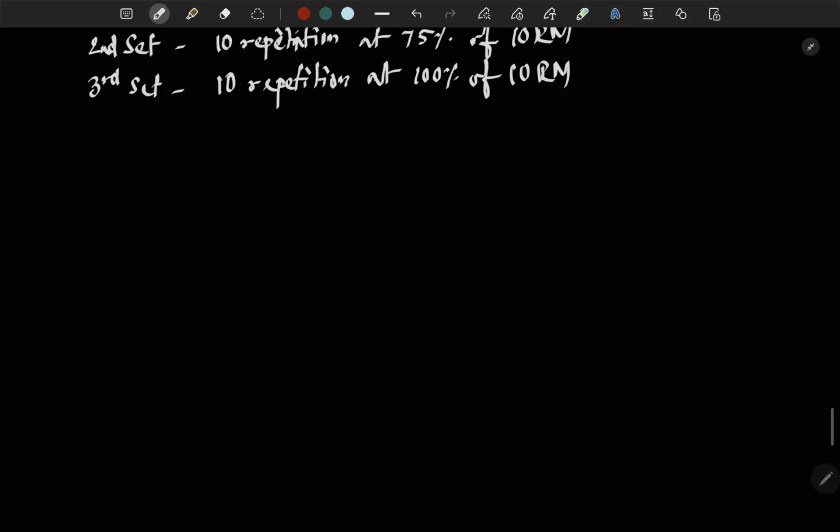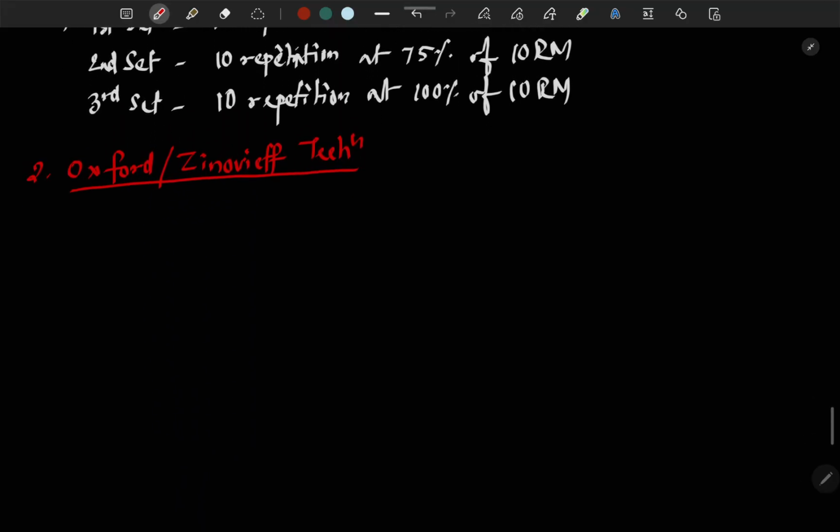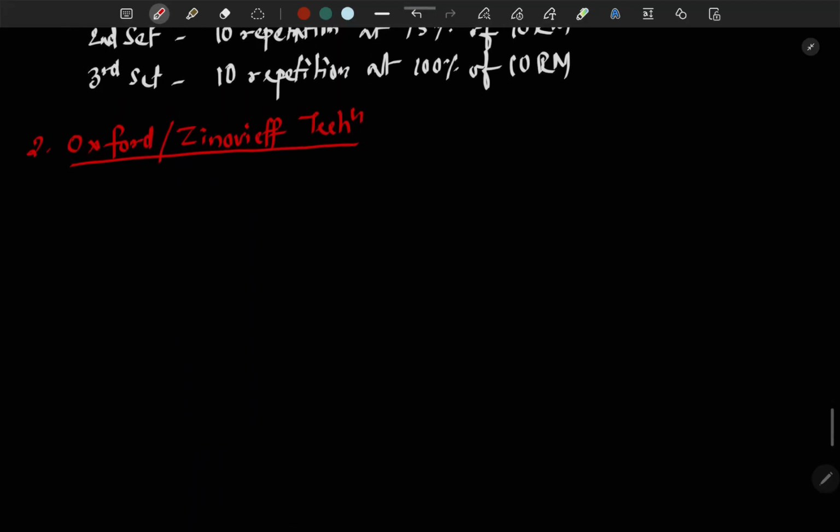Next one is the Oxford technique, or Zinovieff. Everything will be the same.